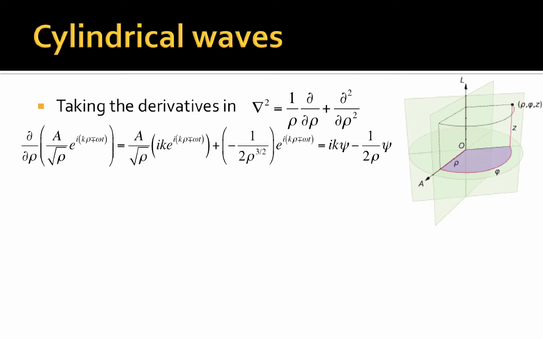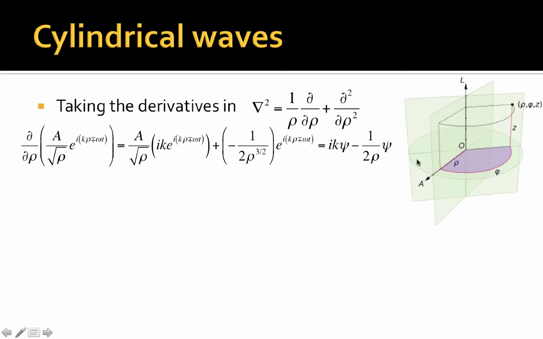First, A over square root of rho times the derivative of the second term, plus the derivative of the first term times the second term. So there's our chain rule written out, and our result here is i k times psi. Notice that the first term in this function, A over square root of rho, e to the i, etc., is psi. So that's where that comes from.